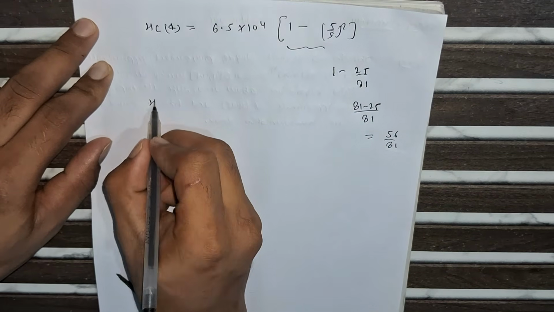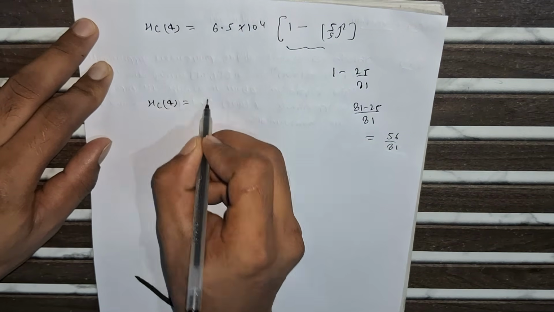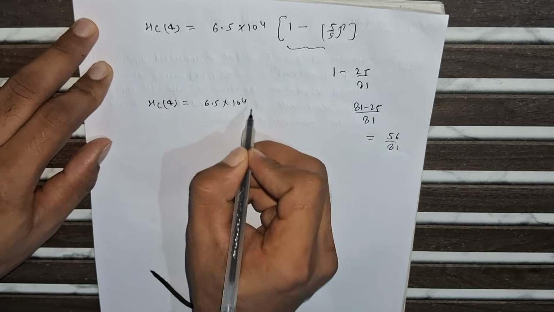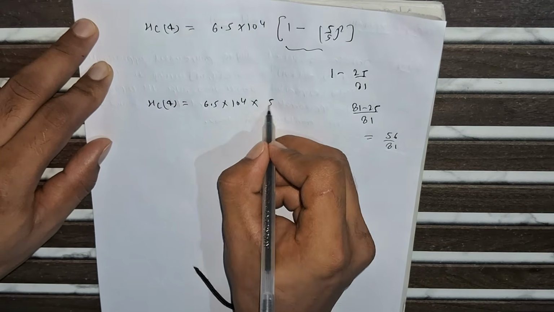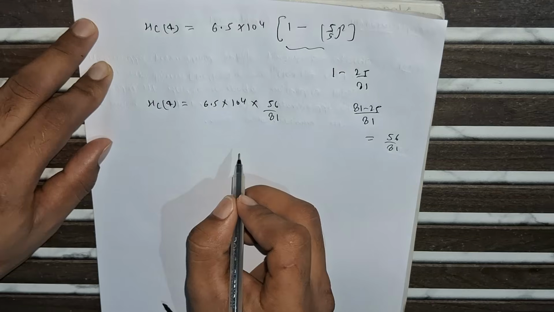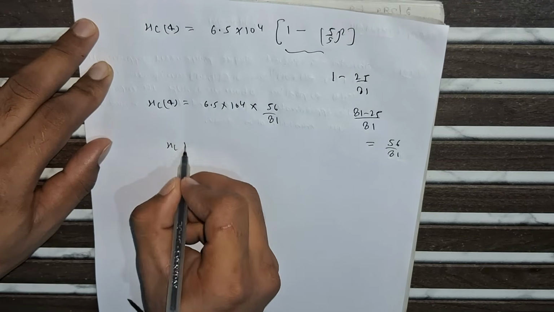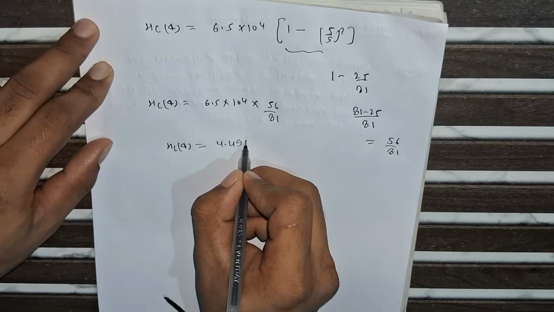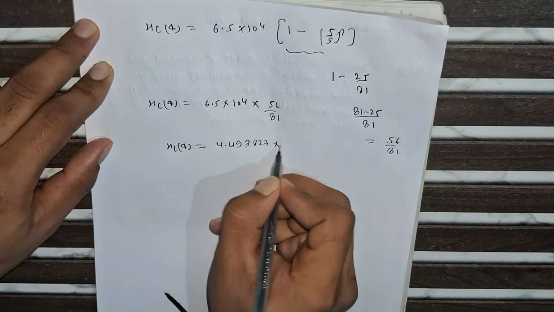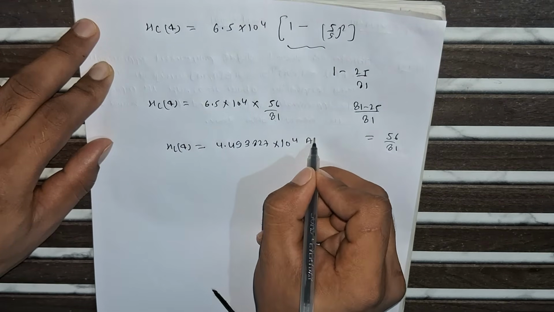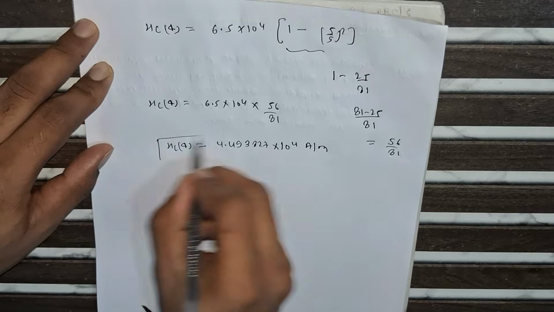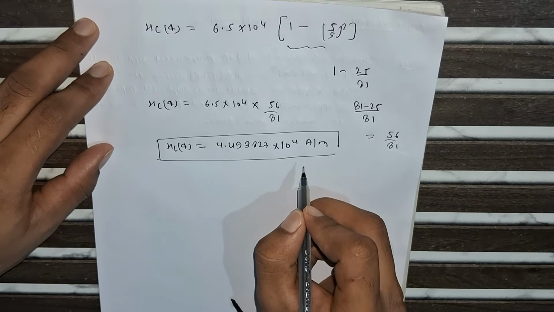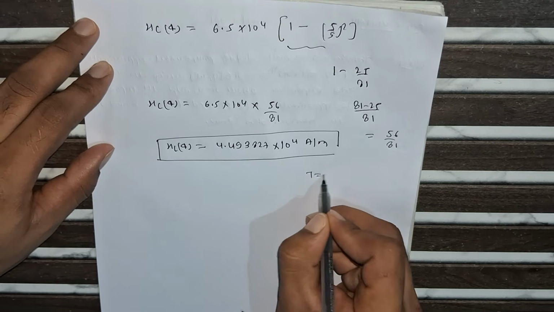So now our critical magnetic field at 4 Kelvin becomes 6.5 into 10 to the power 4 multiplied by 56 by 81. When you further solve it, you will get the critical magnetic field at 4 Kelvin equal to 4.493827 into 10 to the power 4 ampere per meter. So this is nothing but our critical magnetic field at temperature T equal to 4 Kelvin.